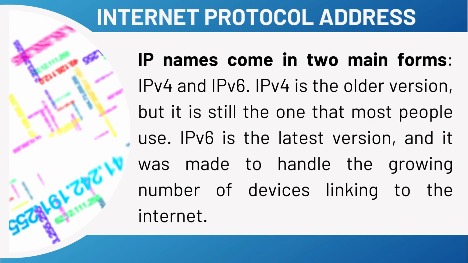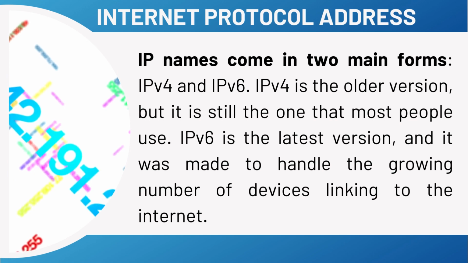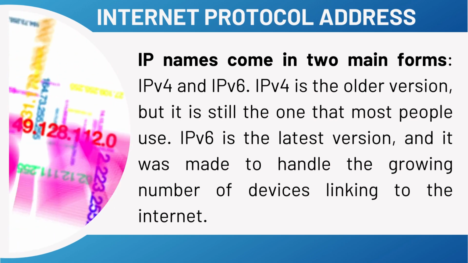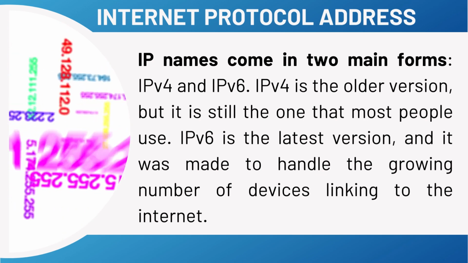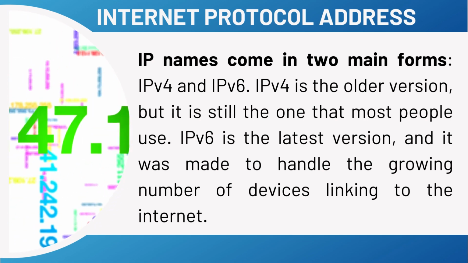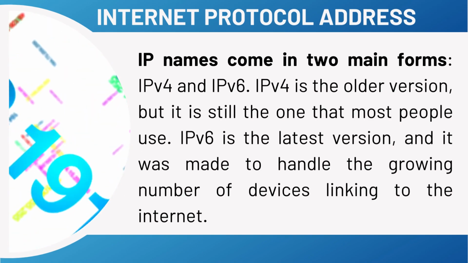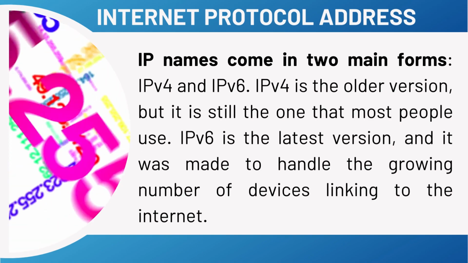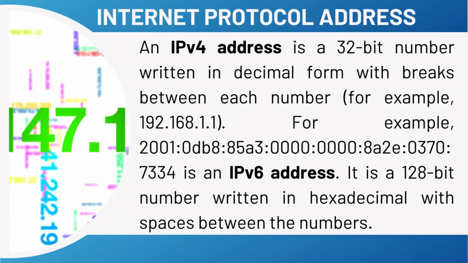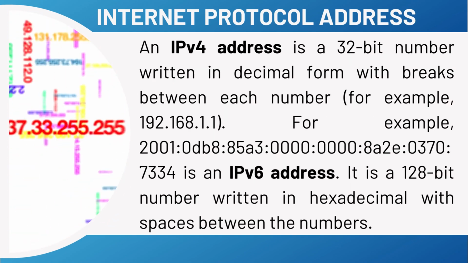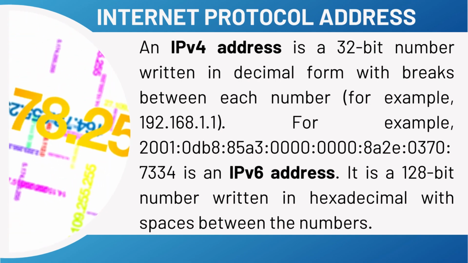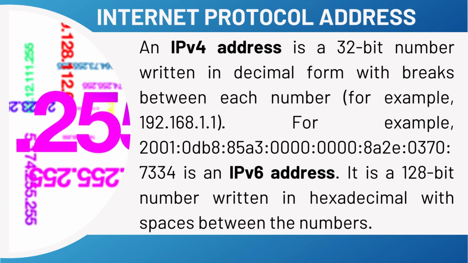Internet Protocol Address. IP addresses come in two main forms, IPv4 and IPv6. IPv4 is the older version, but it is still the one that most people use. IPv6 is the latest version, and it was made to handle the growing number of devices linking to the Internet. An IPv4 address is a 32-bit number written in decimal form with breaks between each number, for example, 192.168.1.1.